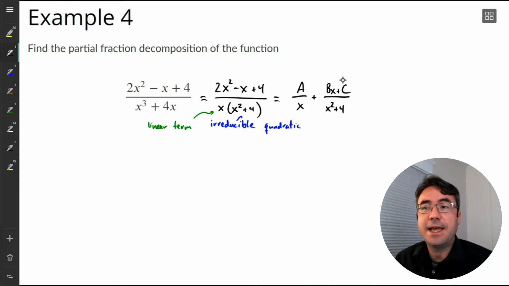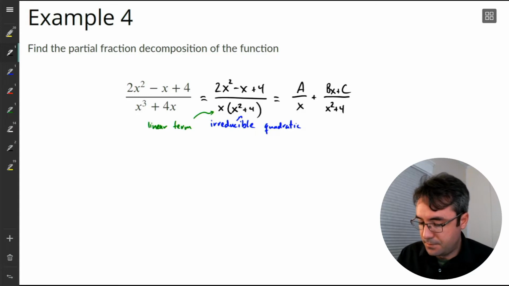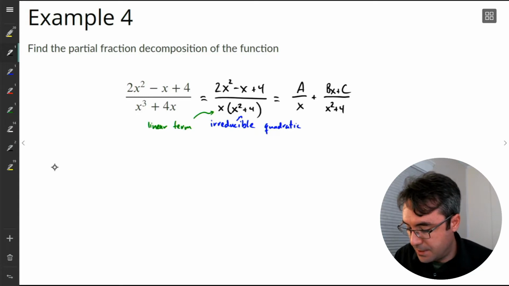Now we're going to take this equation right here and multiply both sides by our denominator. So let's rewrite that.